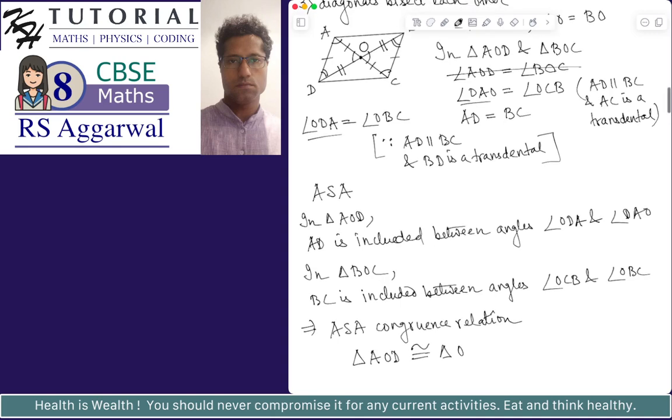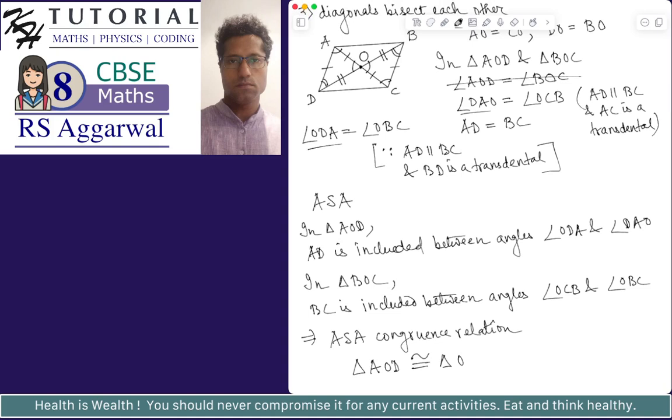Okay. Angle AOD should be equal to COB. So now you can see that if this is the congruence relation between the triangles AOD and COB, the side AO should be equal to CO, which is okay, and then angle AOD is equal to angle COB, which is anyway equal as they are vertically opposite angles.